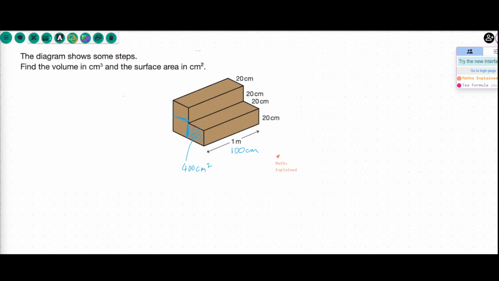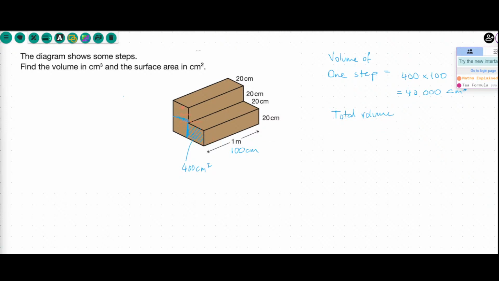I'm not sure how to notate this. I guess I could say the volume of 1 step is 400 times 100, which is 40,000 centimeters cubed.